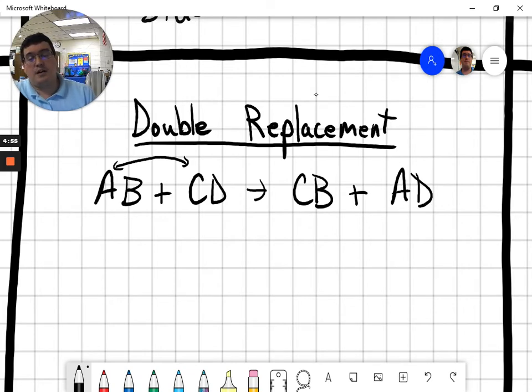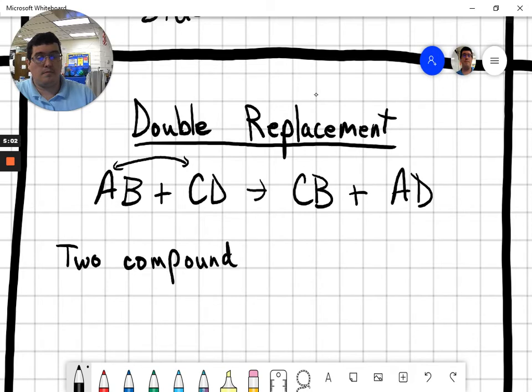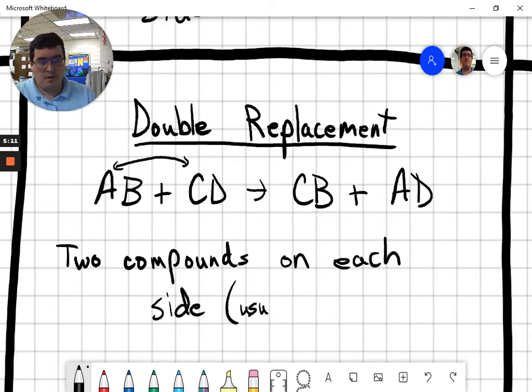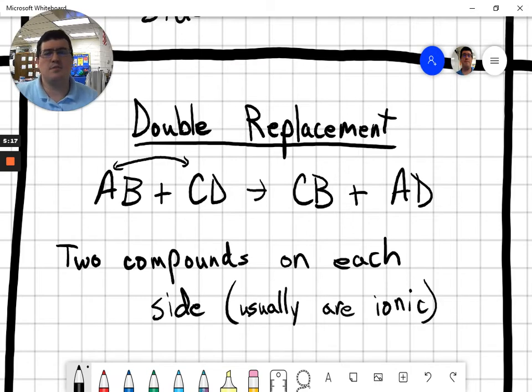So what's happened here is we have 2 compounds on each side. And usually, all those compounds are ionic. This happens most often with ionic compounds. 99 times out of 100, you're going to see this happen with ionic compounds. So that's a double replacement reaction.